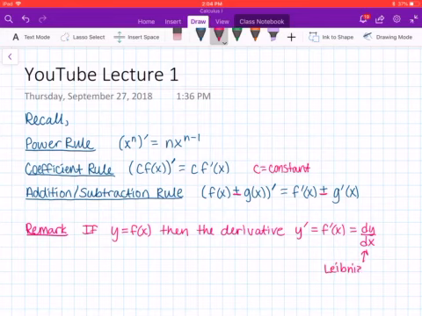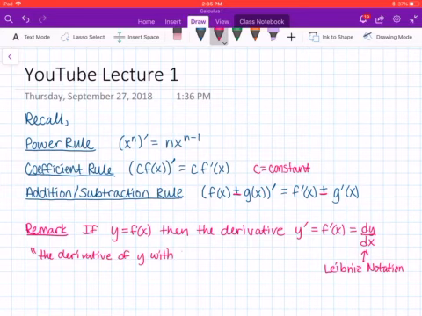And basically, when Newton was creating calculus, Leibniz was also creating calculus at the same time. So Newton used the prime notation, and then Leibniz had this new notation, dy dx. And basically it's just saying the derivative of y with respect to x.